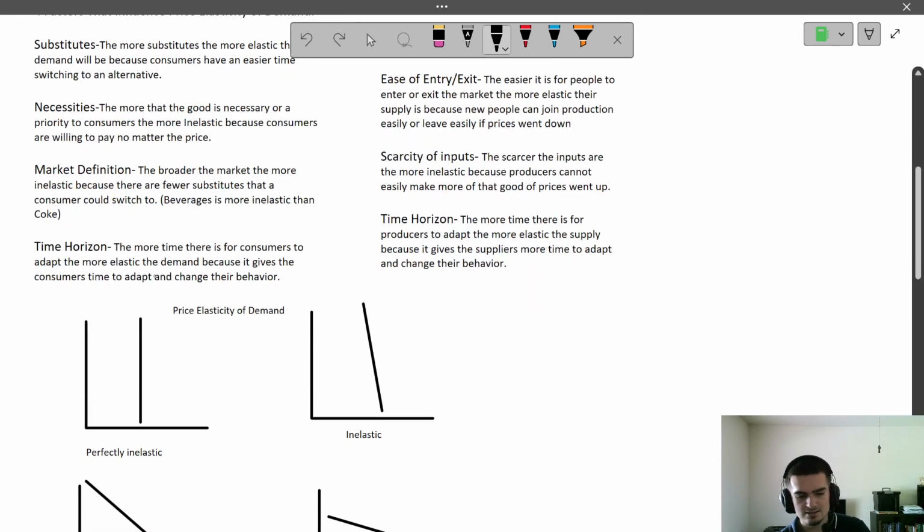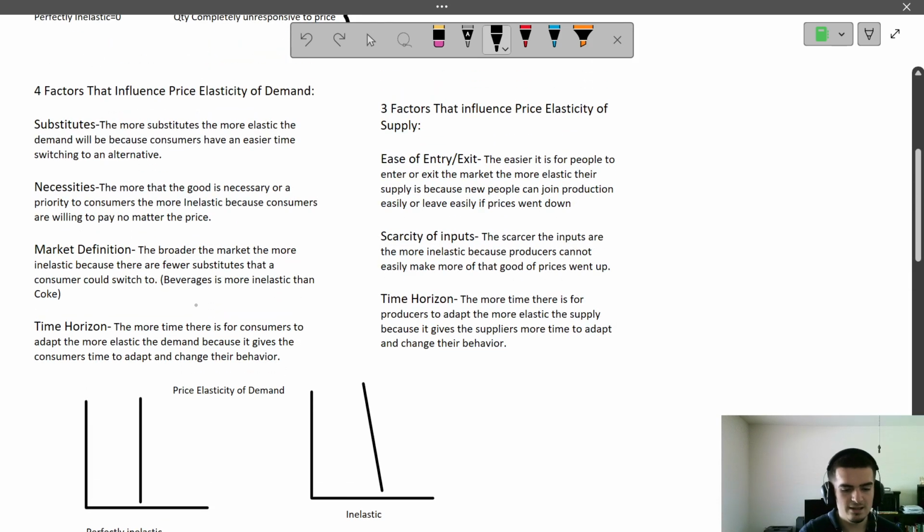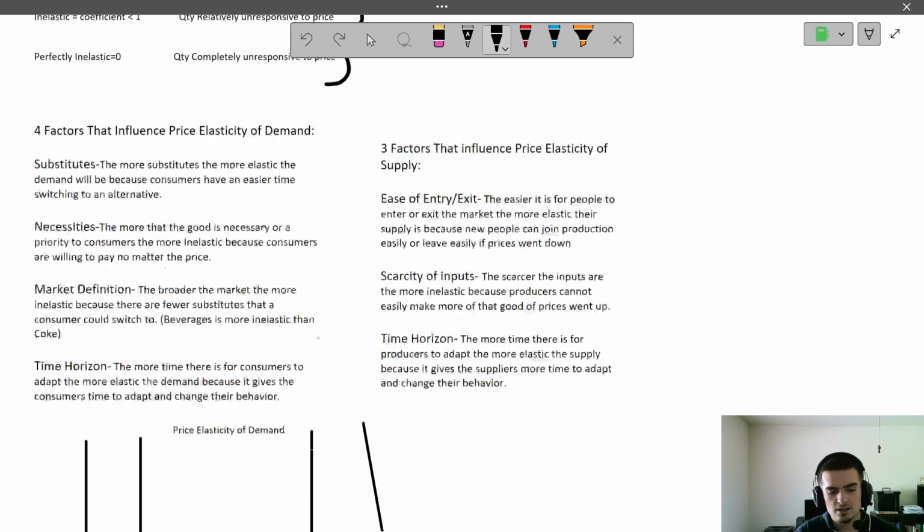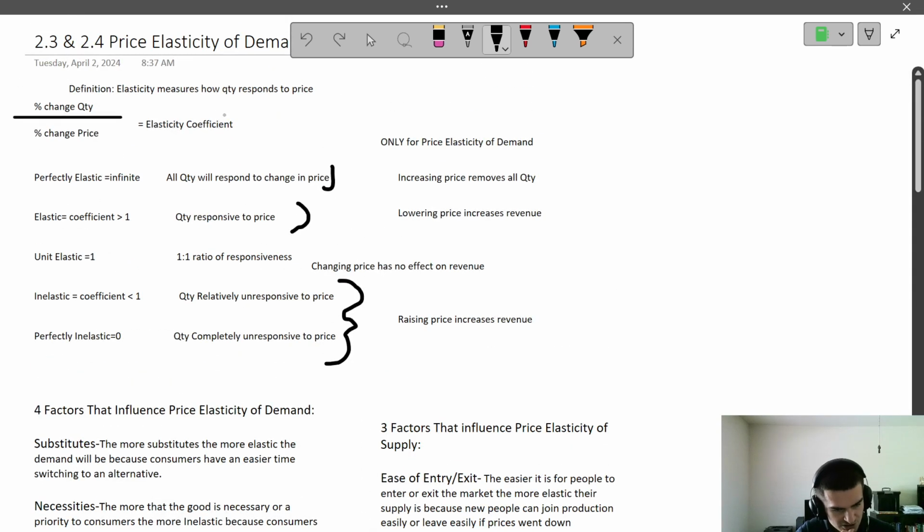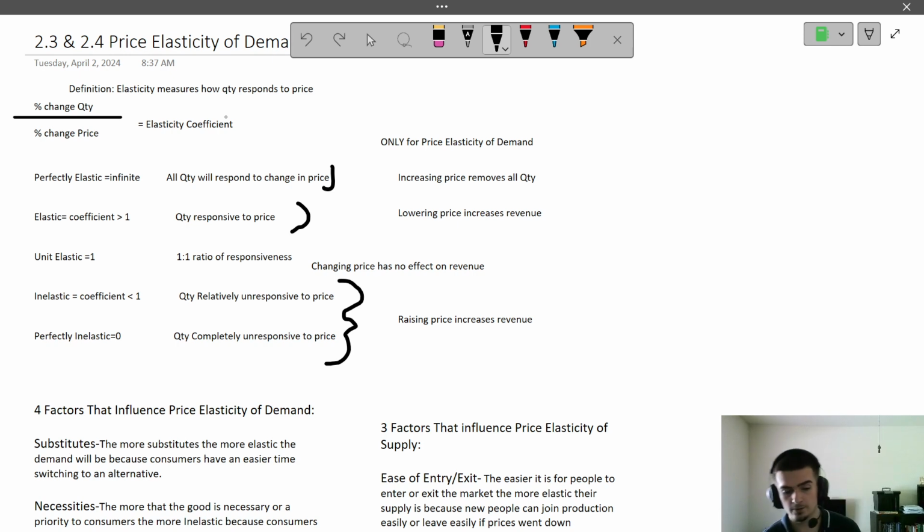Next is time horizon. The more time that there is for consumers to adapt, the more elastic the demand, because it gives the consumers more time to adapt and change their behavior. The definition of elasticity is to measure how quantity responds to price. If consumers knew that the price of gasoline was going to go up in a year, they'd start changing their behavior now, and quantity will respond to that price because they have time to change for it.